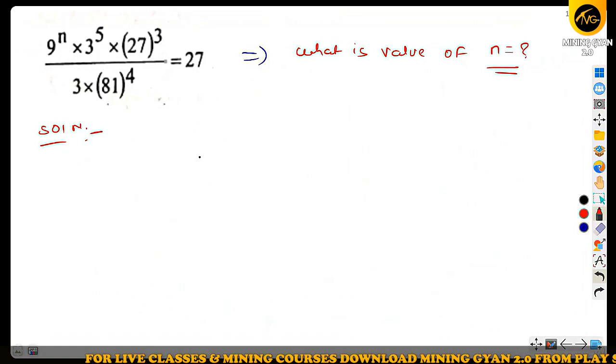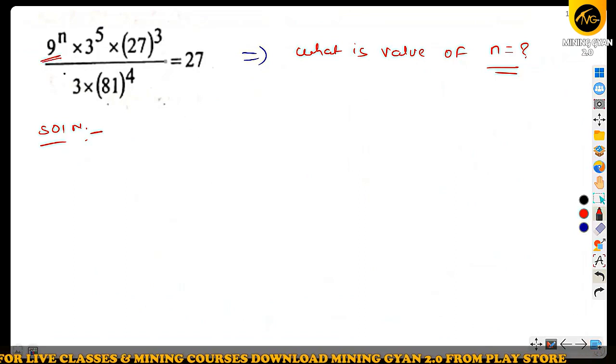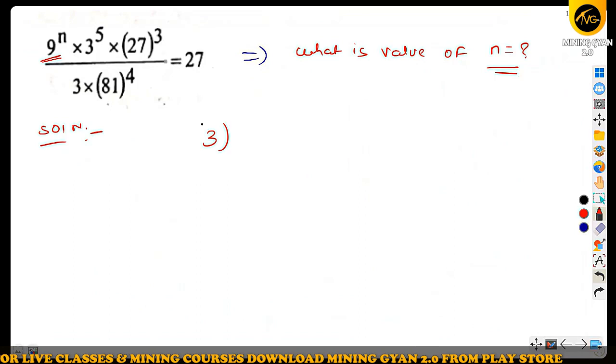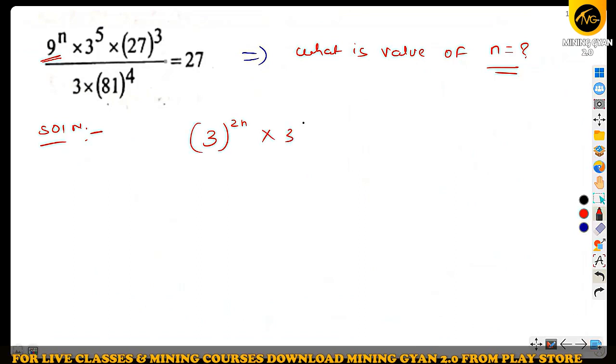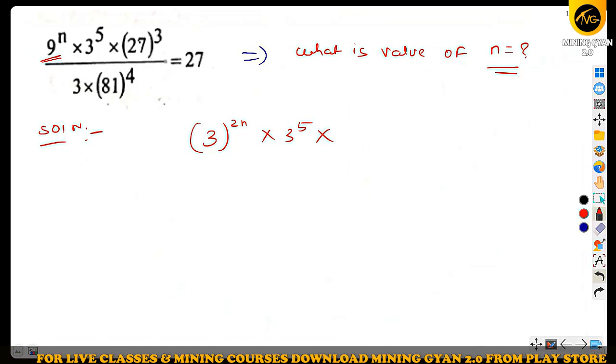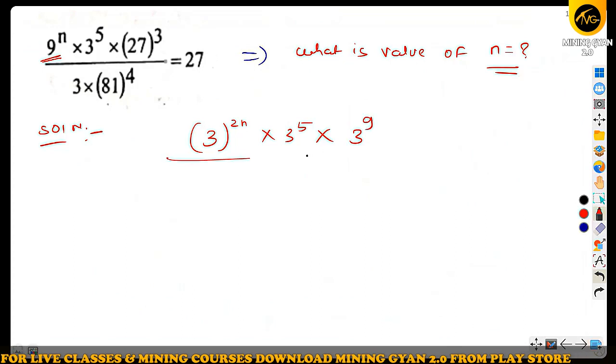Now we can easily write 9 is equal to 3 square. So 9 power n will be written as 3 square whole power n, that means 3 power 2n multiplied by 3 power 5. Similarly, we can write 27 as 3 cube, that means 3 cube whole power 3, that means 3 power 9.